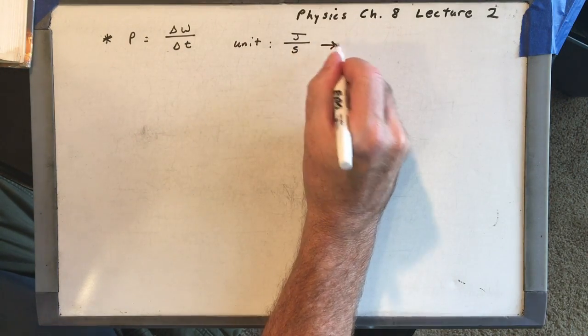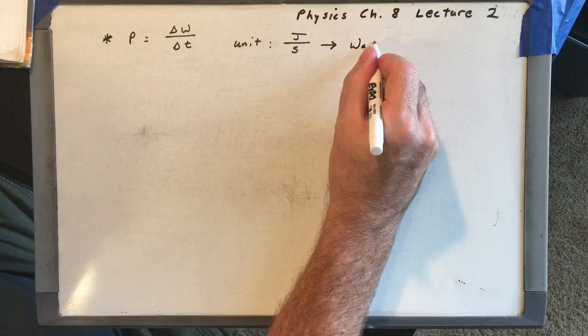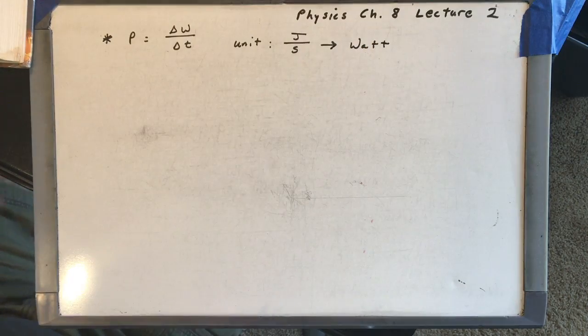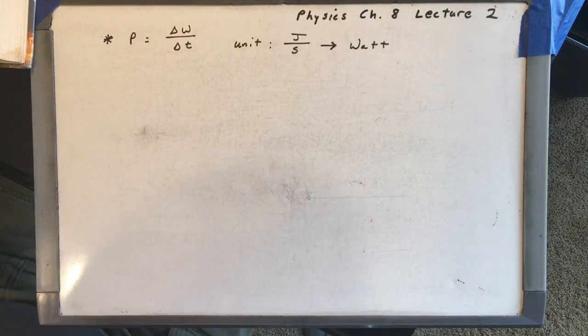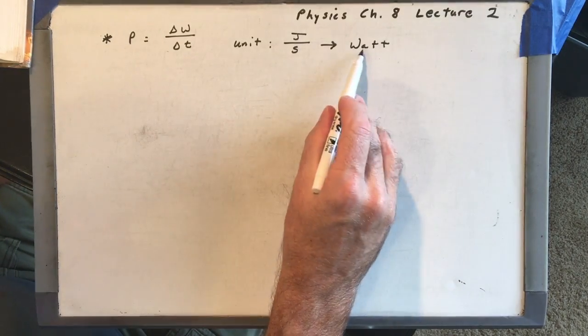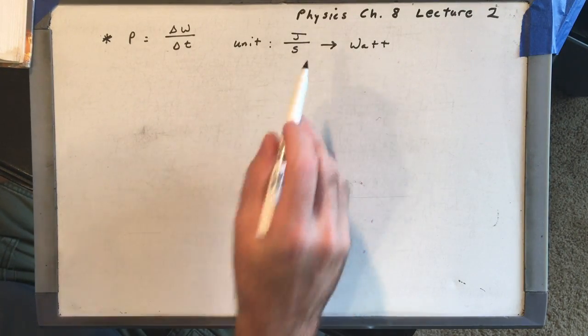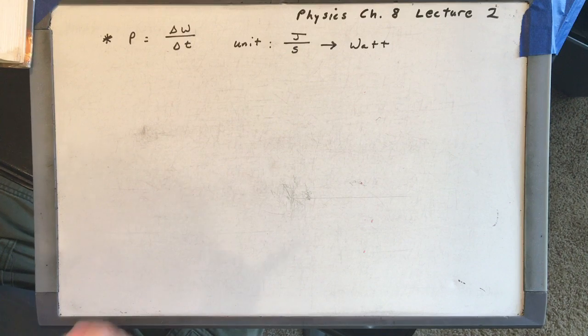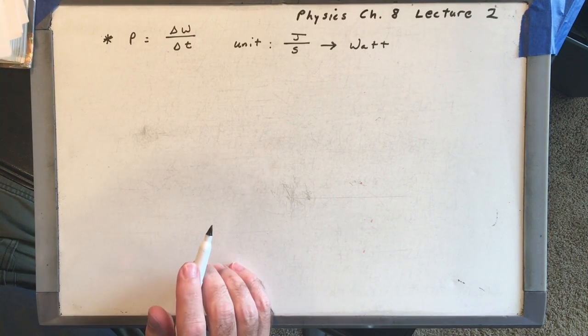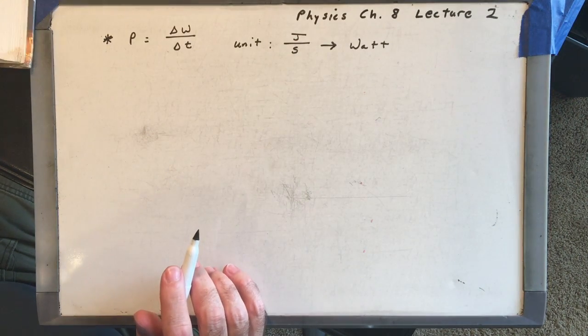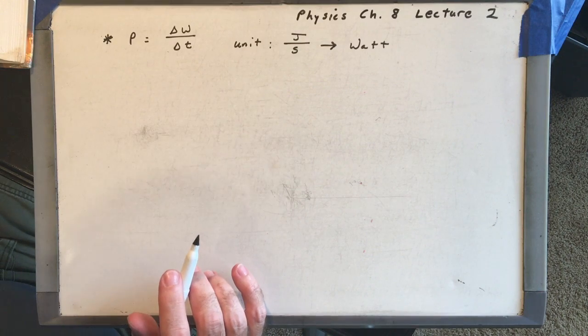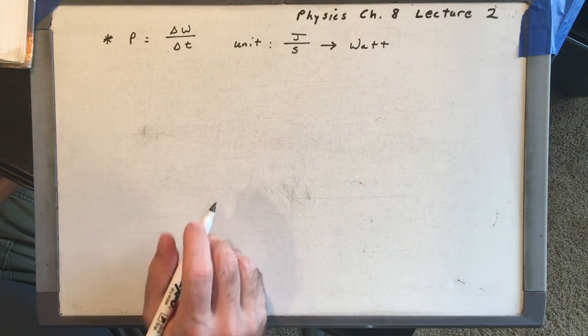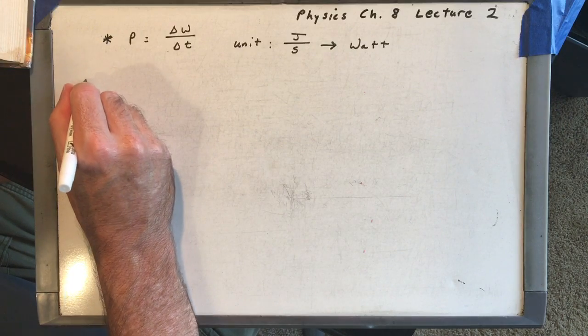And you've probably heard of this unit. A joule per second is called a watt. Maybe you've seen a 60-watt light bulb or whatever. You've probably heard of watts before when it comes to electricity, especially electrical devices. All right, so let's finish this chapter up with 8.10 on page 276.